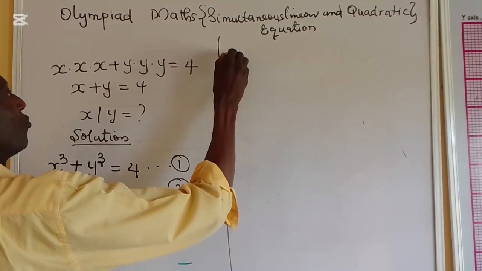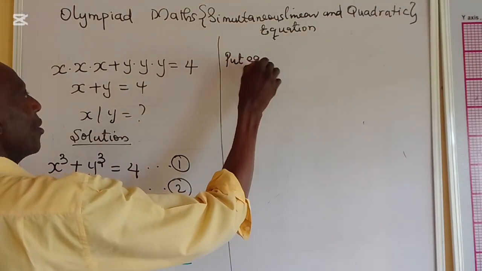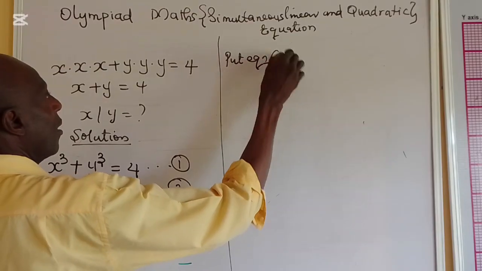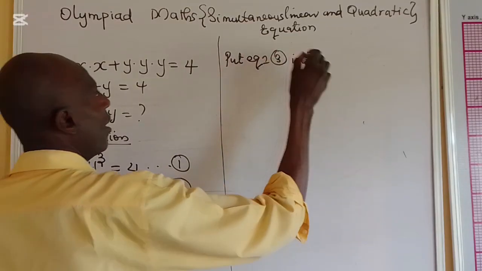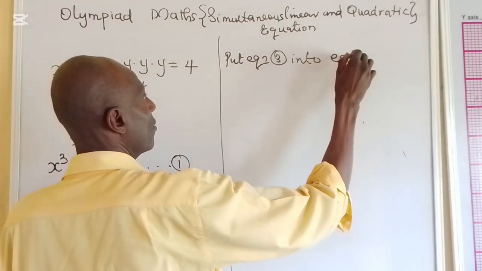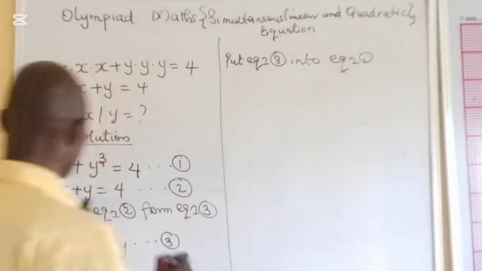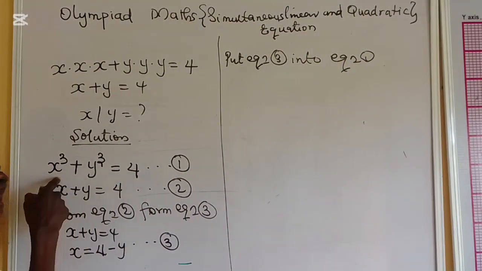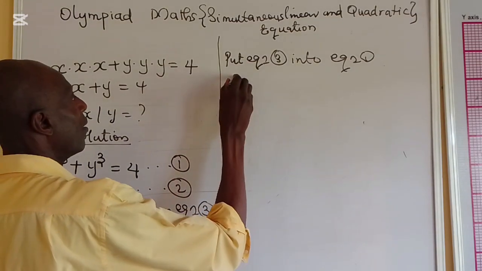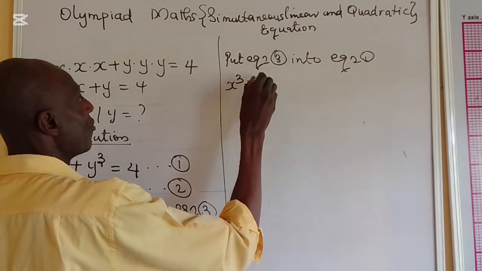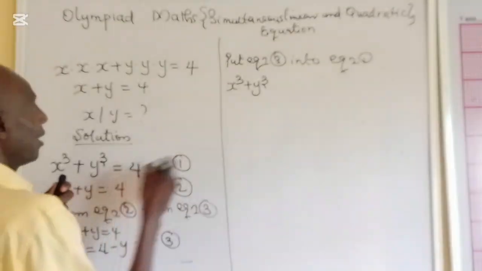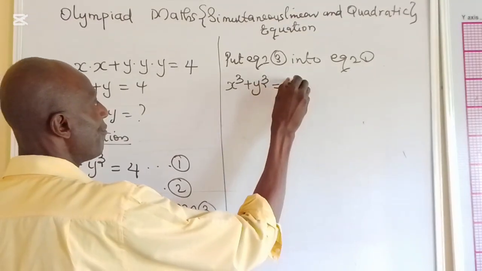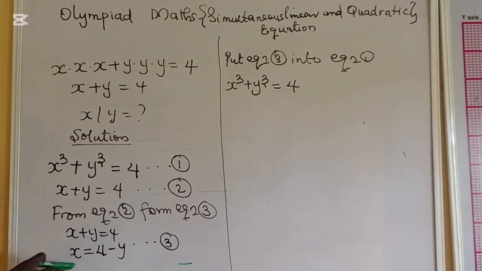Put equation 3 into equation 1. What equation 1 says is x raised to the power of 3 plus y raised to the power of 3 is equal to 4. And what is x? Look at x here. x is 4 minus y.